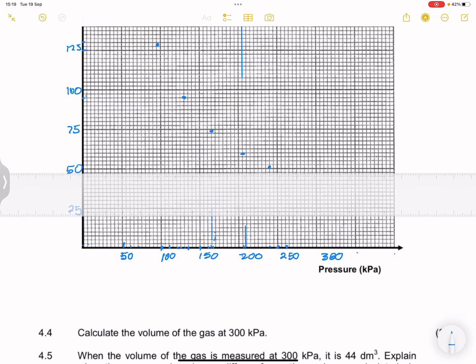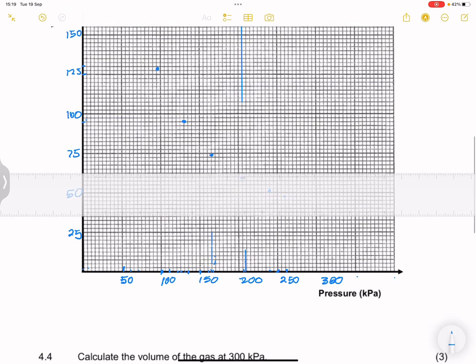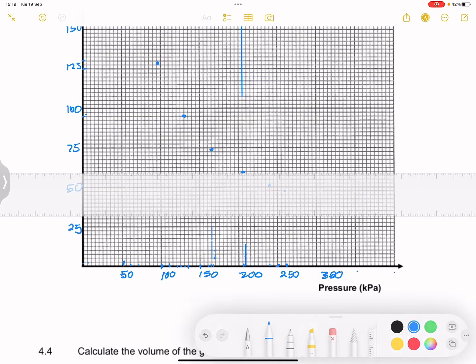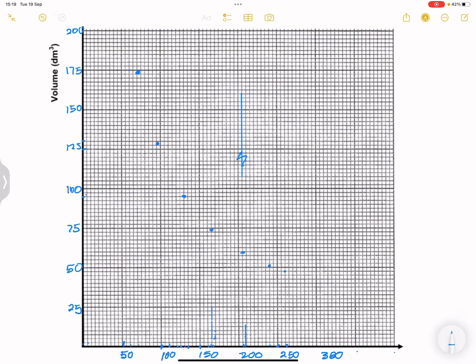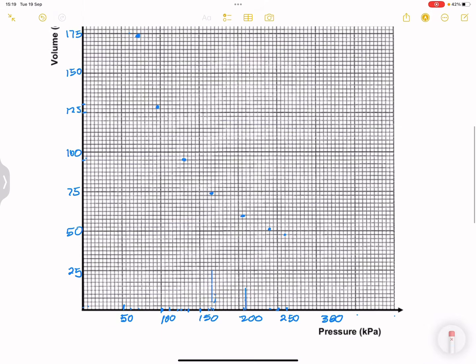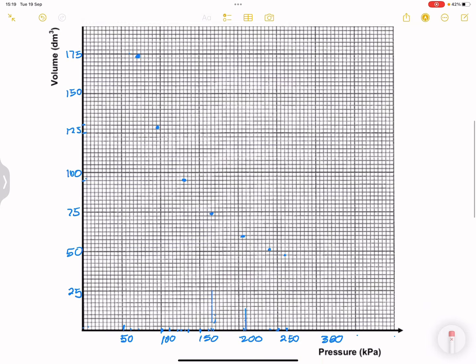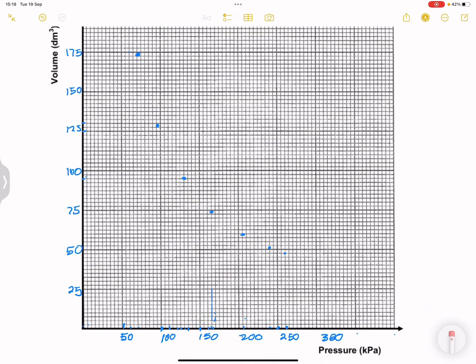And there's our 260 line, so it's almost somewhere there. Okay, right, so let's remove that ruler so that we can draw our graph. And when you look at the pattern on that graph, it does actually concur with a pressure versus volume graph.